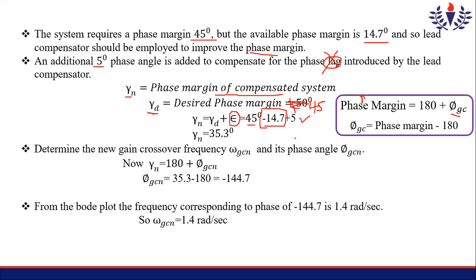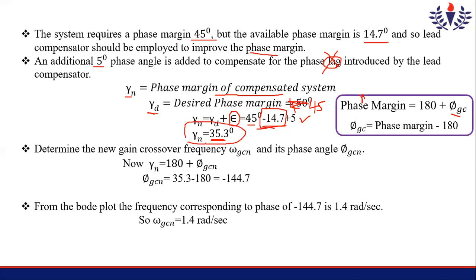Previously we simulated this open loop system and found its original phase margin is 14.7. For a lag compensator we add the old phase margin, but for a lead compensator it is a minus: 45 minus 14.7 plus 5. So we get gamma n as 35.3 degrees, which is the phase margin.